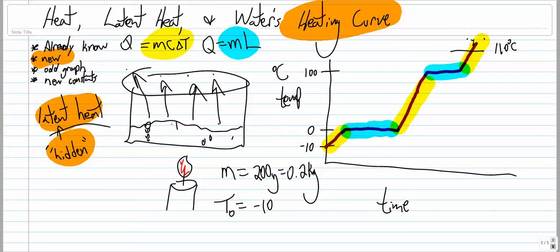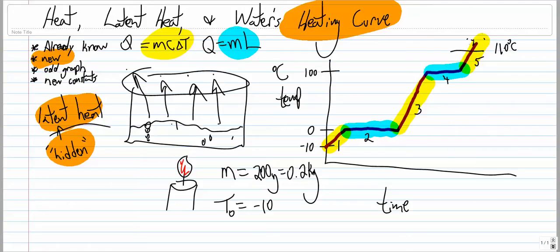What we have to do is break this problem into 1, 2, 3, 4, 5 little parts. We solve one easy equation for this part, one there, one there, one there, and one there. We take our 5 different answers, sum them all together, and then we've got our answer.